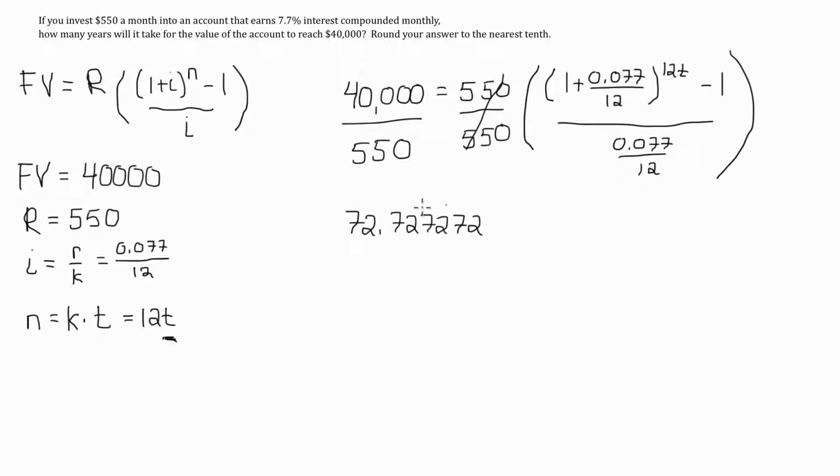And if you have a calculator, you can just store these values so you don't have to write them all down here. Okay, and then that's going to equal 1 plus 0.077 over 12 to the 12t minus 1 over 0.077 over 12.